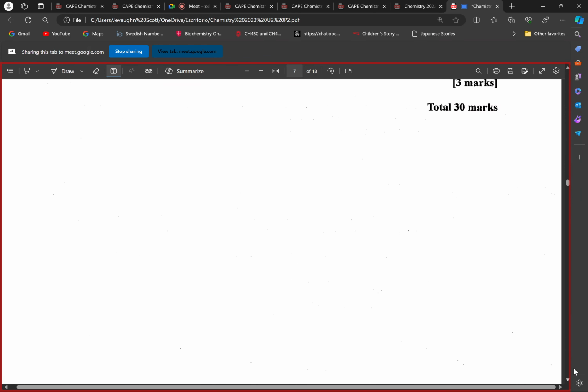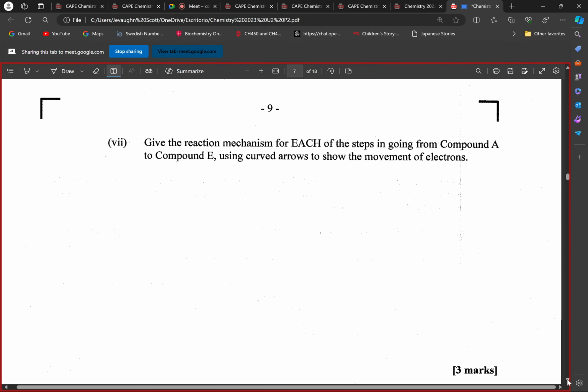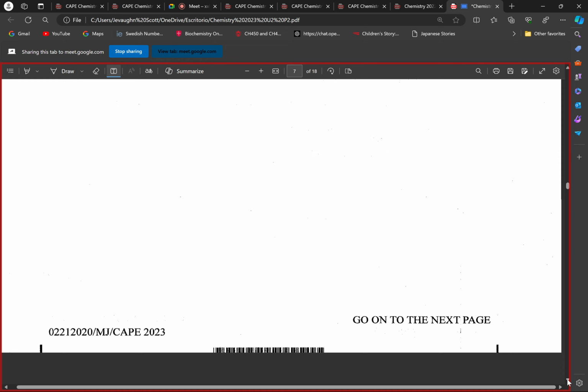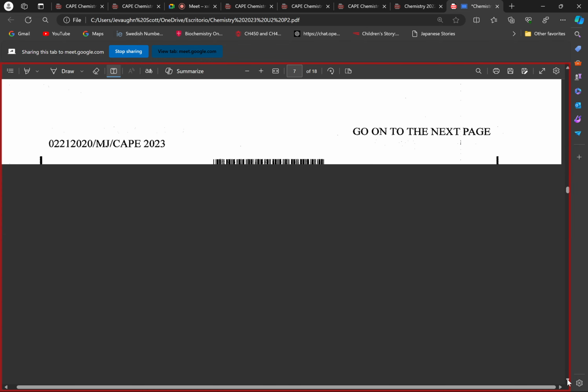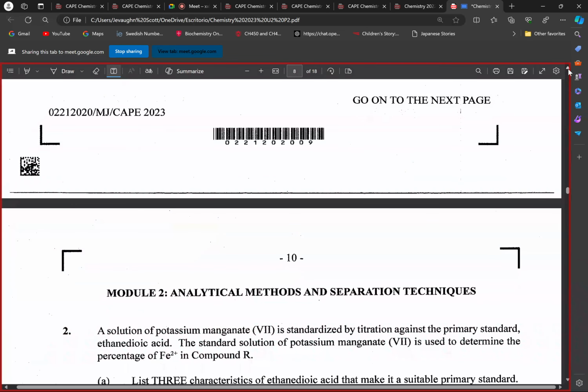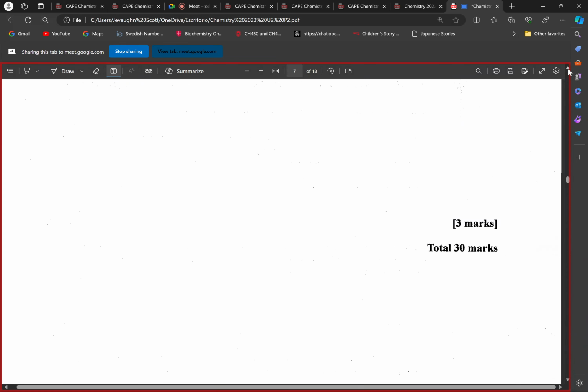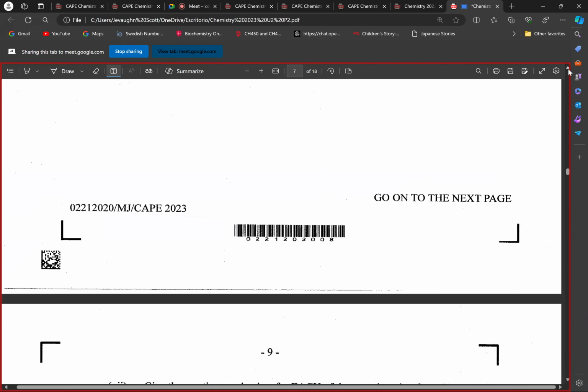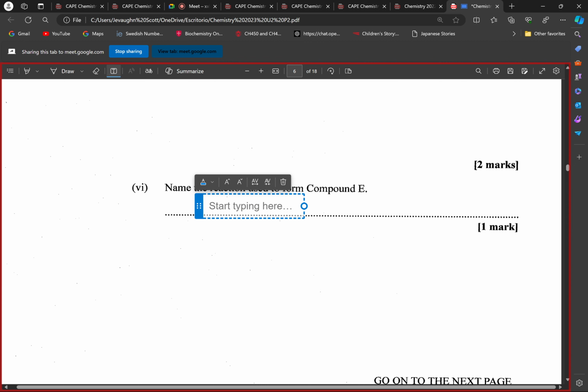You sure that's the name of the reaction? Is electrophilic addition the mechanism or the reaction? Oh no, sorry, that was the mechanism. It's a halogenation reaction, right?